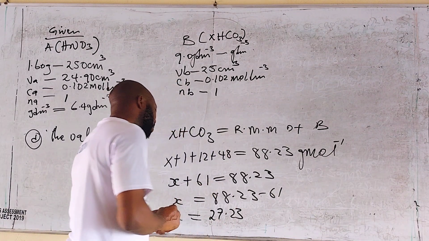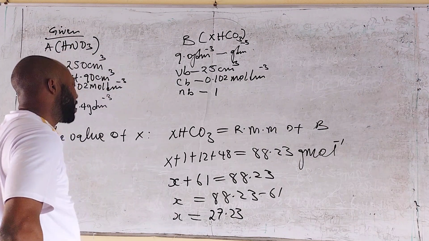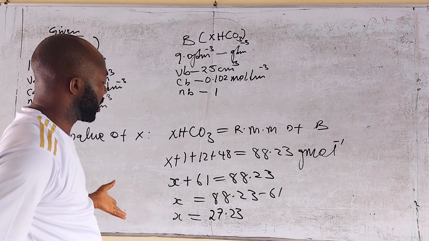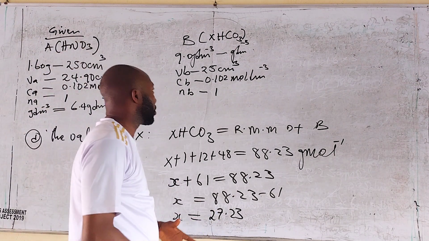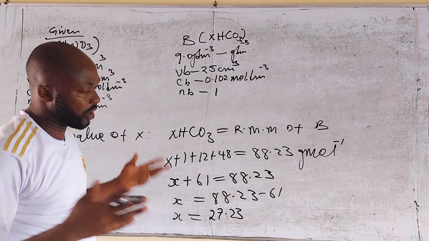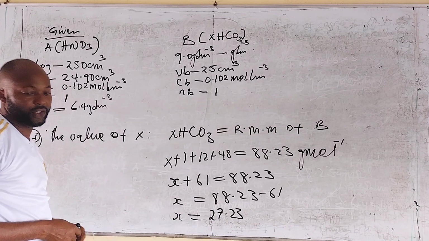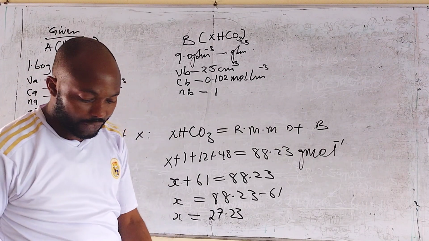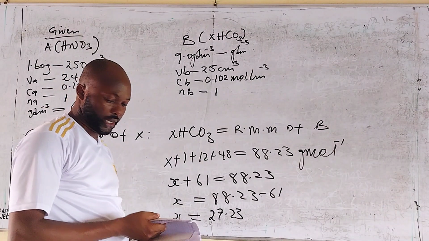So if you check very well, the atomic mass of the element X is definitely going to be aluminium, because aluminium has an atomic mass of 27. Although they did not ask us for the element, they just say the value of X. So the value is 27.23. Let's take our fourth question quickly so we can run.